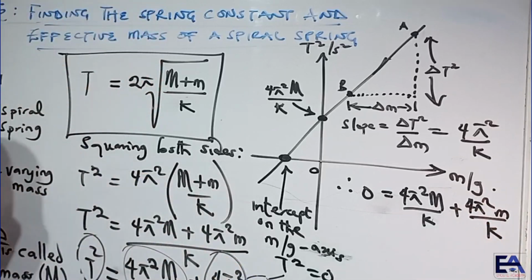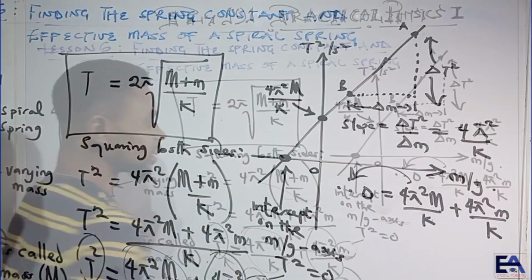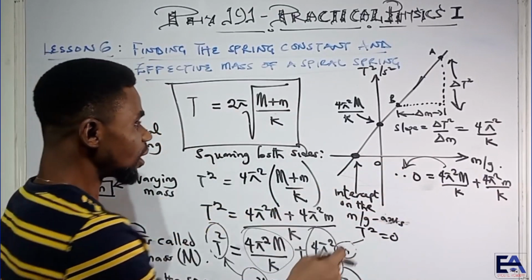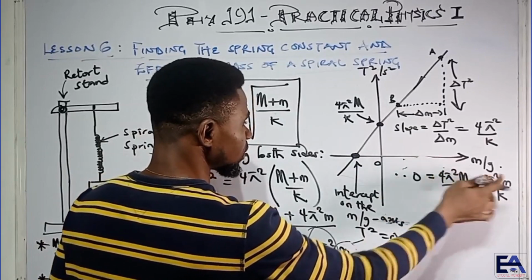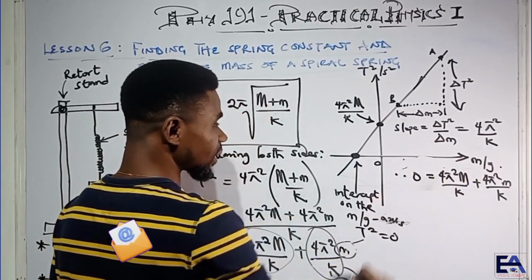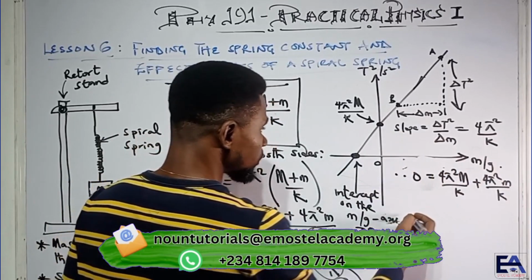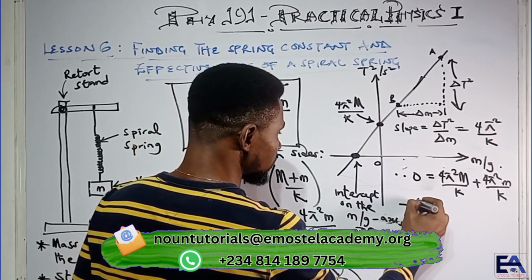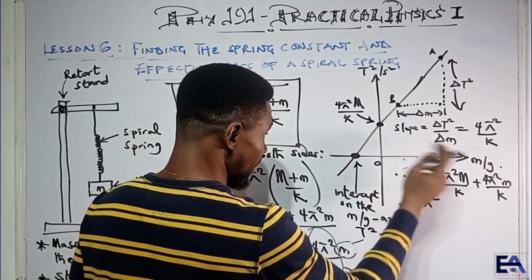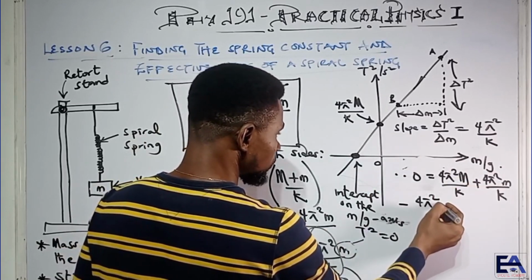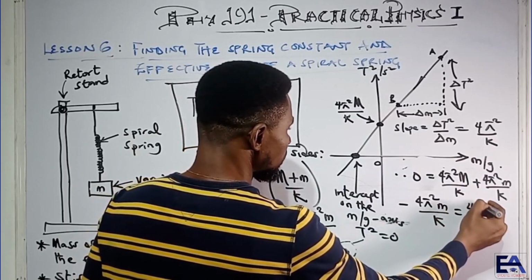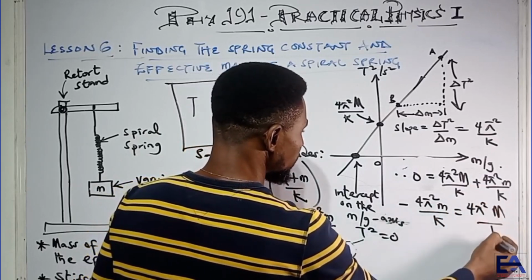So you send one of them to the other side. Let me send this one to the other side. It was positive before, by the time it gets to the other side, it becomes negative. So we have minus 4 pi squared small m over k is equal to 4 pi squared big M over k.